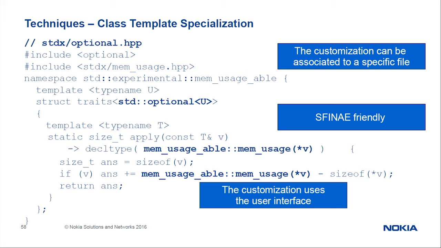Then for optional, just the same thing. If I have something, I need to add this memory usage of this thing. Without it is not very important. What is important is that we are able to use the user interface.